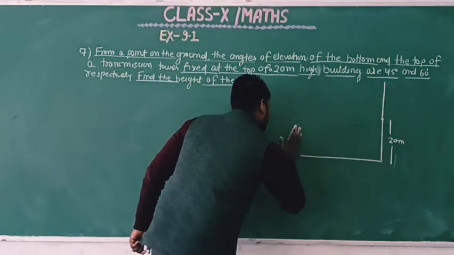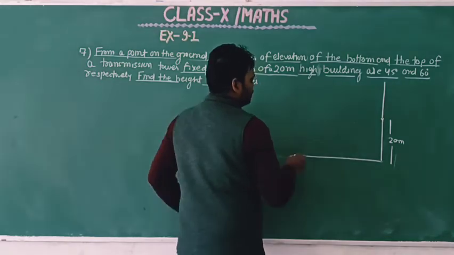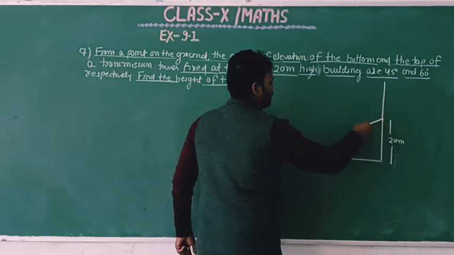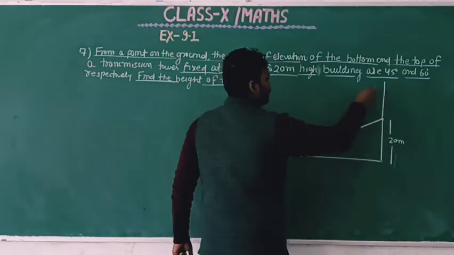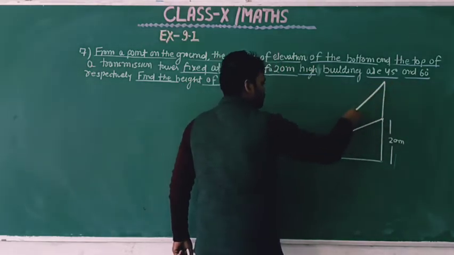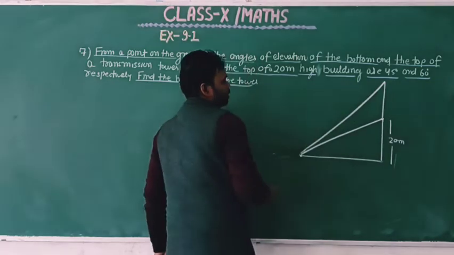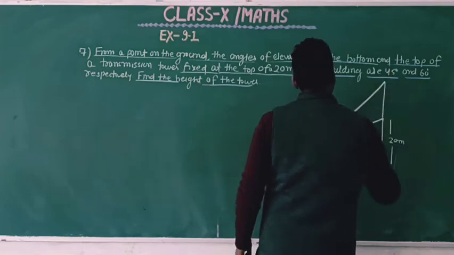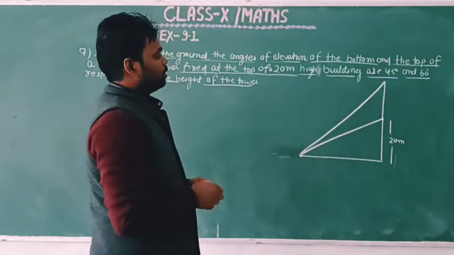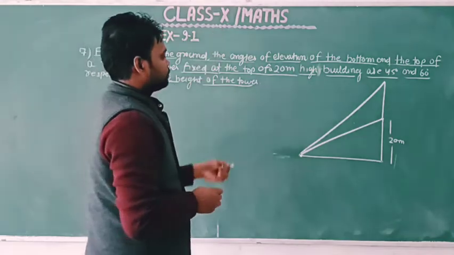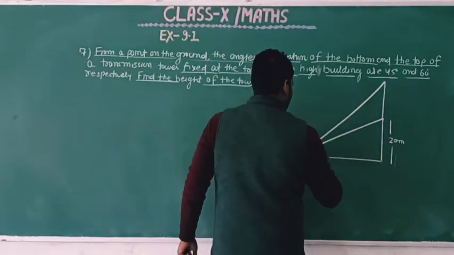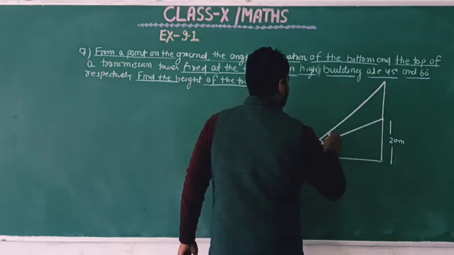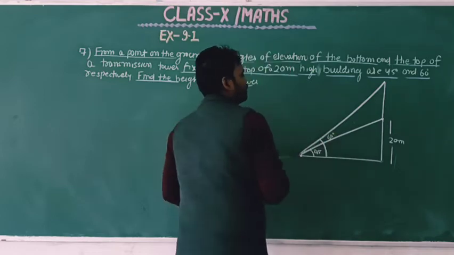It is said that from a point on the ground, suppose this is a point on the ground, the angle of elevation on the top and bottom are 45 and 60 degree. So this is given 45 degree and this is 60 degree.